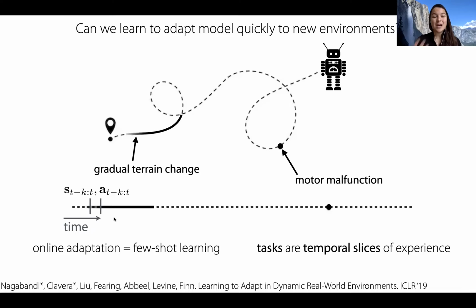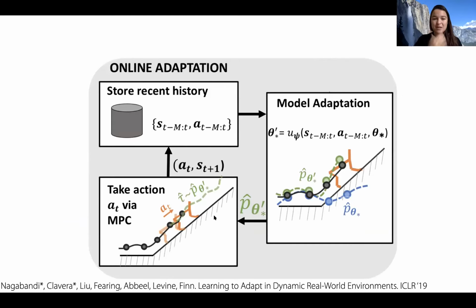And so that means that we can use a meta-learning approach to learn how to adapt with a small amount of data, where different tasks fed into the meta-learning algorithm correspond to these different temporal slices of experience. And so that's exactly what we're going to do. And so here's a schematic of this, where essentially we're going to store our recent history. In this case, we're considering k has changed to m.